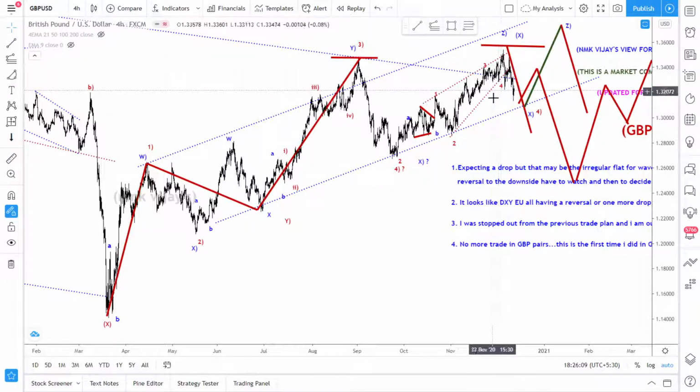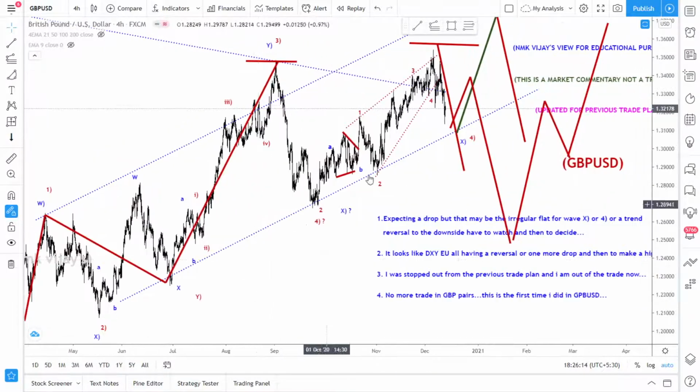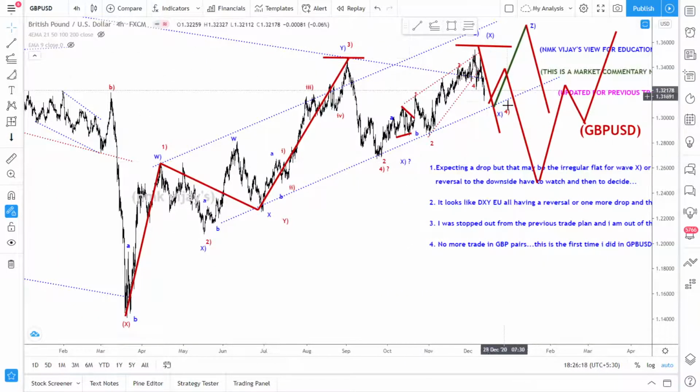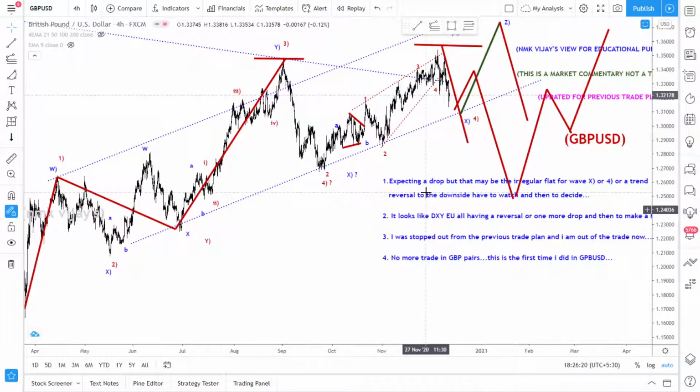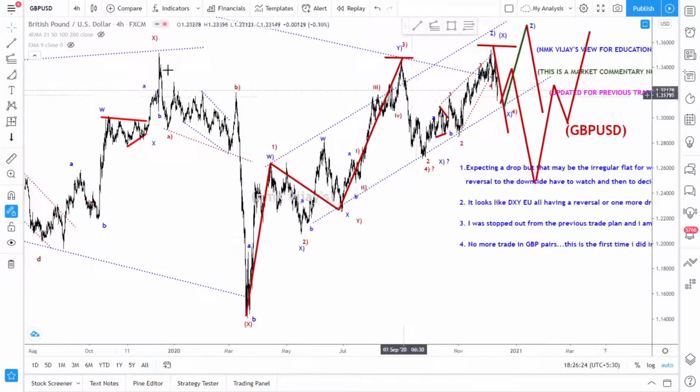If it is a confirmation trade I will enter, but not now, because there are a lot of options here, and the Brexit issue is going on again. Positionally I will explain to you once again.